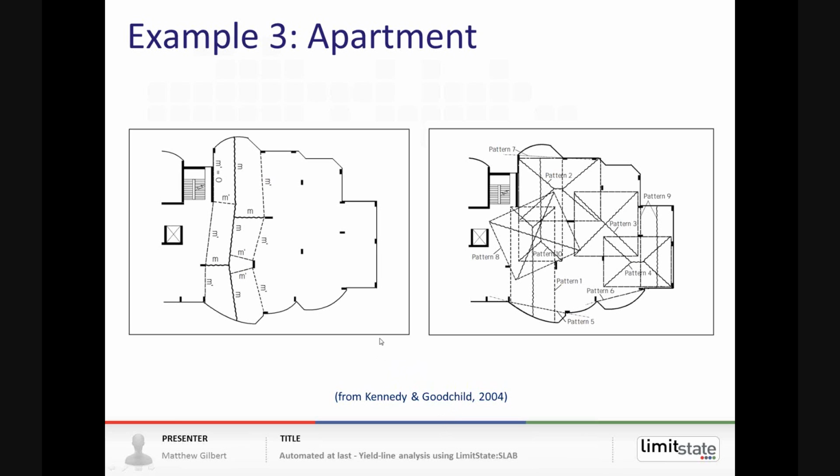So you can see here there's a lot of potential failure mechanisms that, if you were undertaking a standard yield line analysis by hand, you would spend quite a lot of time looking at and deciding which is the critical case.